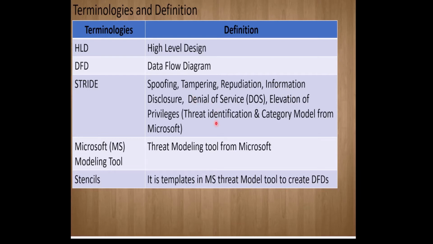Basically, this is a threat identification and categorization model from Microsoft. The Microsoft Threat Modeling Tool is what we use to execute the threat modeling. Stencils are templates in the Microsoft Threat Modeling Tool to create the data flow diagrams.